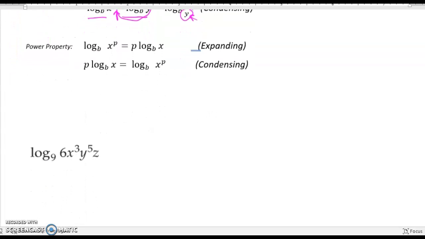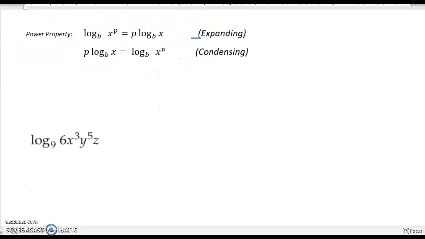One third and last rule for logarithms, then we'll practice a couple. The last rule is called the power rule. The power rule says if you have a log, like log base b of x to the p power, it is permissible to move the p in front of the word log.